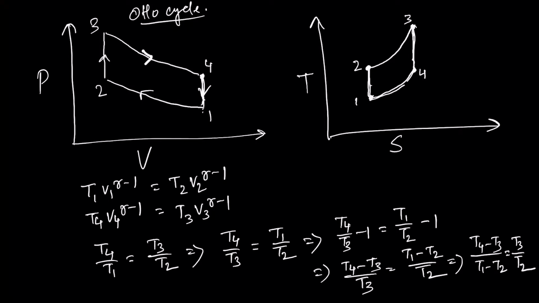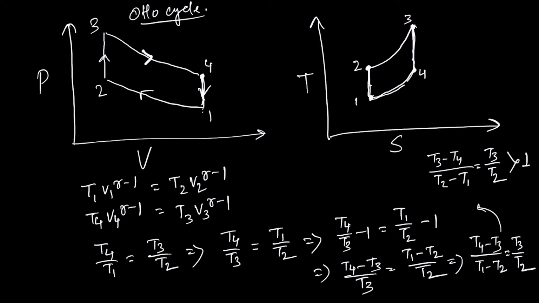Following that till now? Now, 4 is lower temperature than 3 and 1 is lower temperature than 2. So we can rearrange it and write T3 minus T4 by T2 minus T1 is equal to T3 by T2, fine. Now, which is bigger, T3 or T2 temperature?